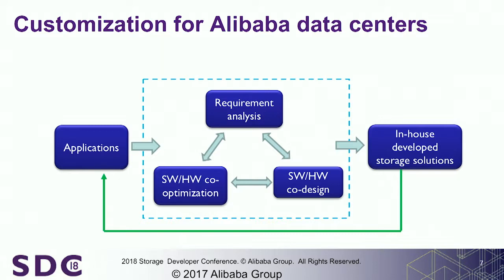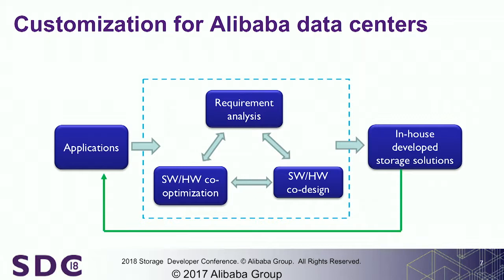This is the flow of how we usually do co-optimization and co-design. We start from the application tier as an infrastructure group. We have many customers inside Alibaba Group, so we talk to the different business units like Alibaba Cloud, Alipay, Tmall, and those e-commerce units, so we understand their requirements and abstract them.